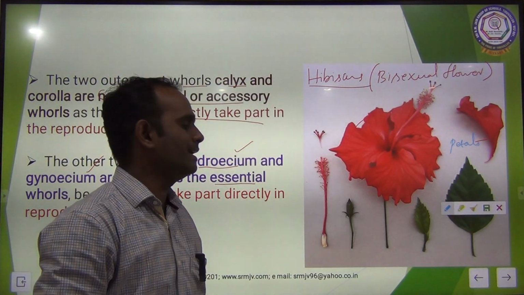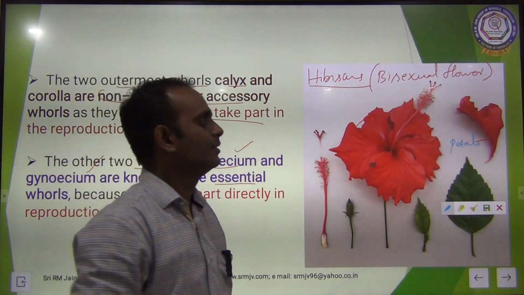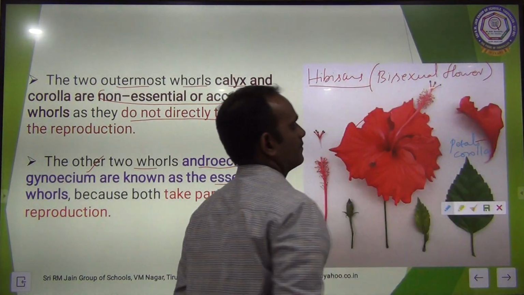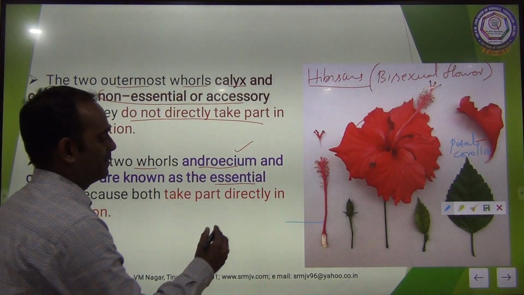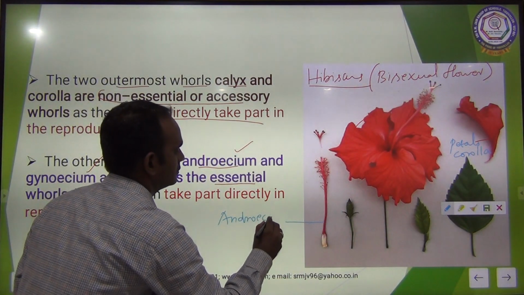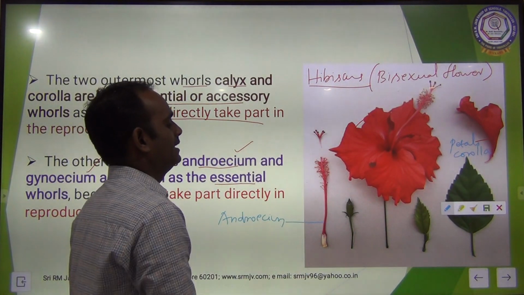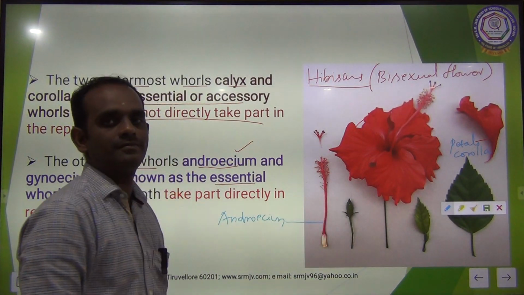Petals is also called corolla. What is this, children? Yes, Androecium.